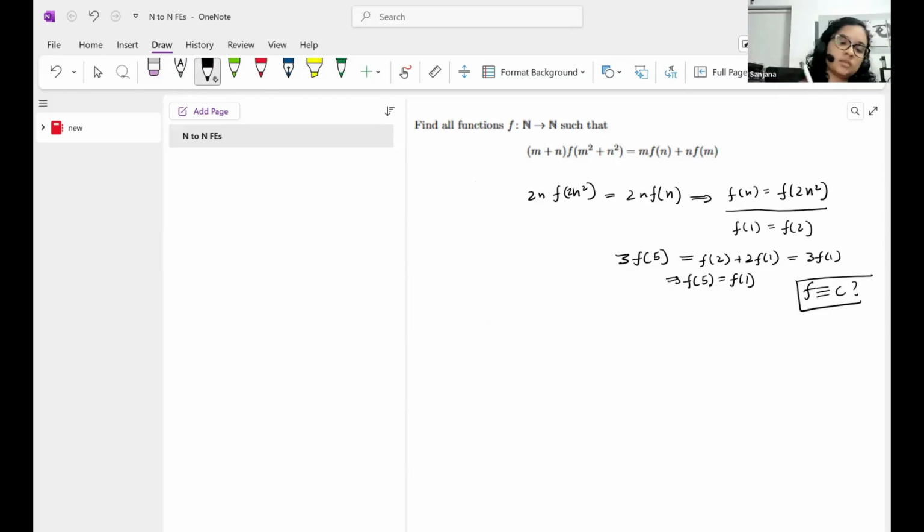So the main thing that this kind of substitution gives us is that f of n is equal to f of something which is of the order of n squared. So you can keep on continuing this process and you can get f of n is equal to f of something very large. You can get this to be as large as you want.